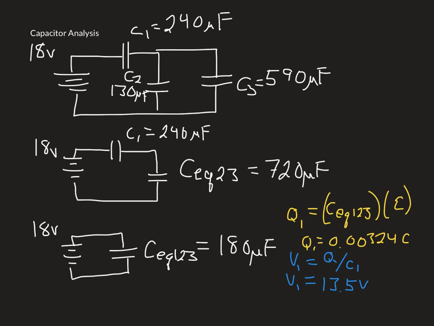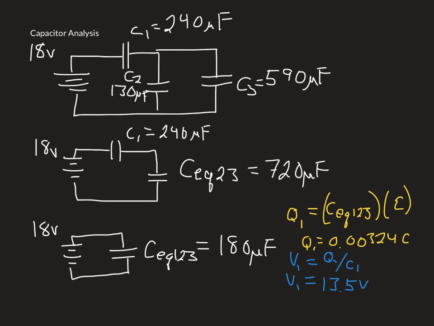So once I know the potential difference across capacitor 1, I can calculate the potential difference across the equivalent capacitor for 2 and 3, which is the same as the potential difference across each one of C2 and C3 because they have the same potential difference, which is the same as the potential difference across their combined equivalent capacitance. We can do this using Kirchhoff's loop law.